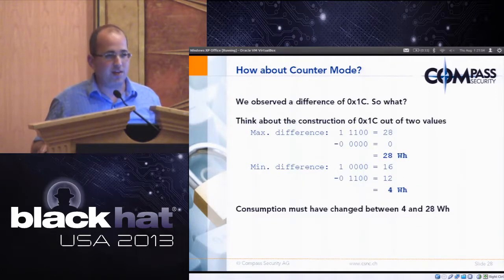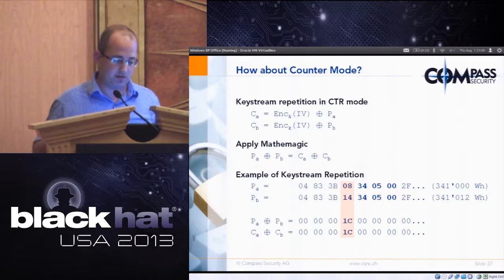What you then do is basically guess the possible values. So you guess the possible highest difference and the possible lowest difference. And you then get the highest difference is 28 and the lowest difference is 4. And because you know how the protocol is sending that consumption value, you know exactly at what position we are looking, and we are looking at the last position of that consumption value.